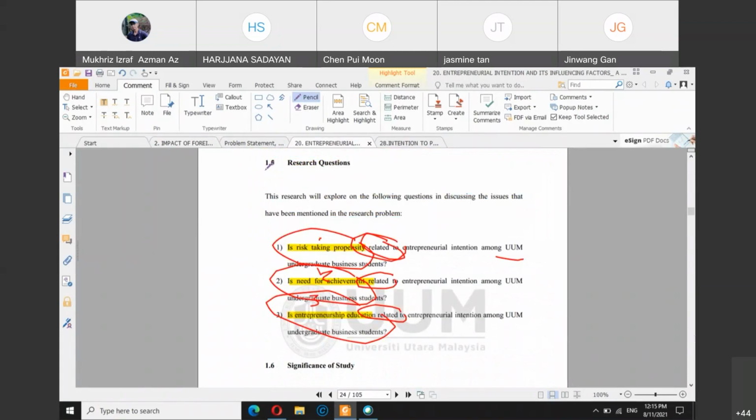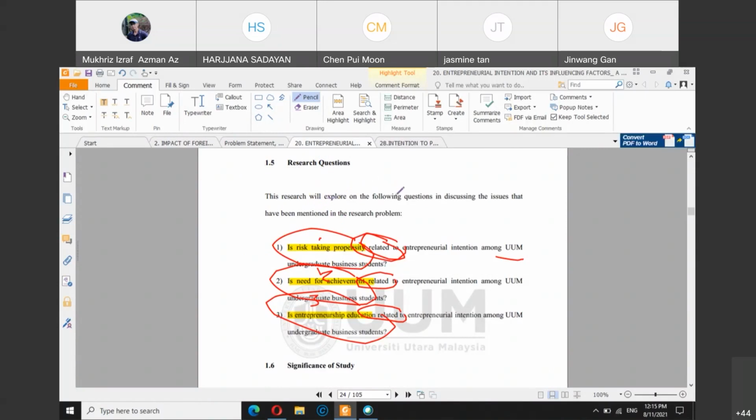You just want to mention a few articles that have mentioned the three factors or the three things that you want to investigate. As I mentioned, from background to problem statement to research question, this must be interrelated, must be connected somehow. In the problem statement, you are only focusing on the main issue.